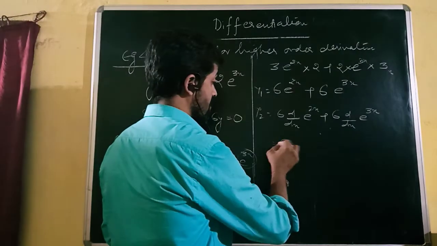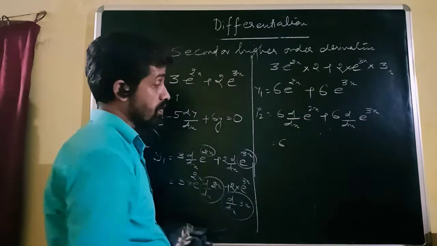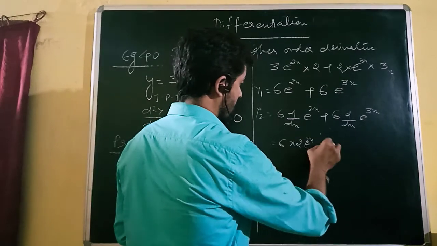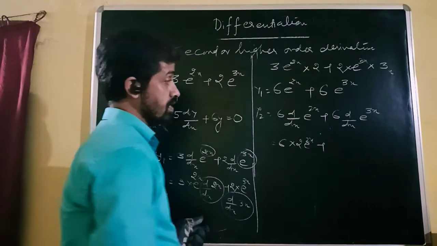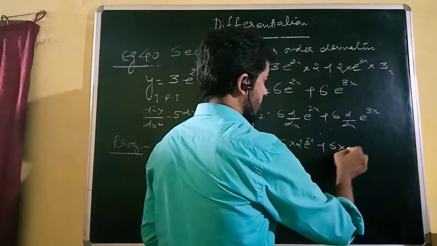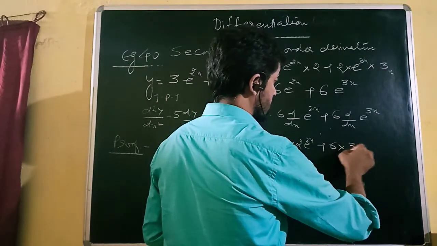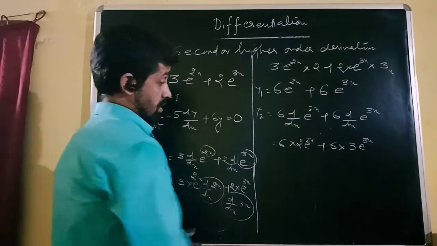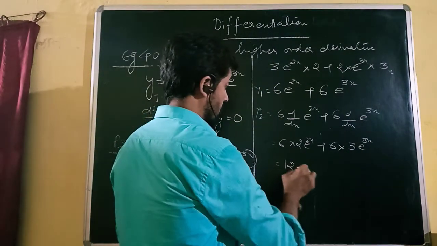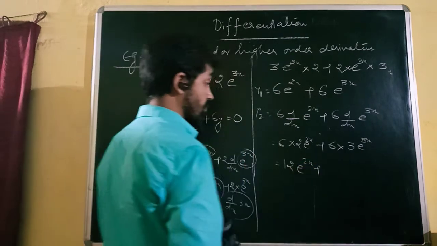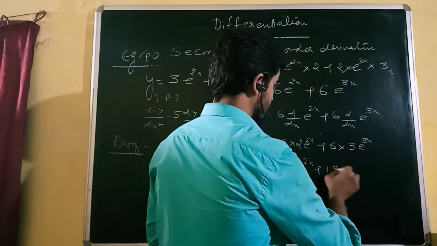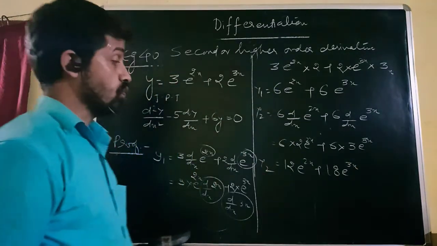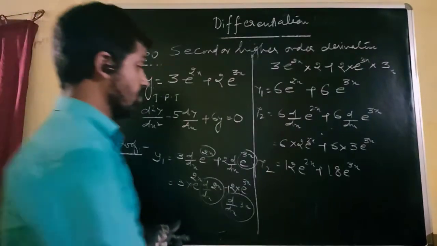Just now we differentiated e to the power of 2x, so I will write this down directly: 2 times e to the power of 2x, and likewise here 3 times e to the power of 3x. Then this becomes 12 e to the power of 2x, and this becomes 18 e to the power of 3x. This is our y2.